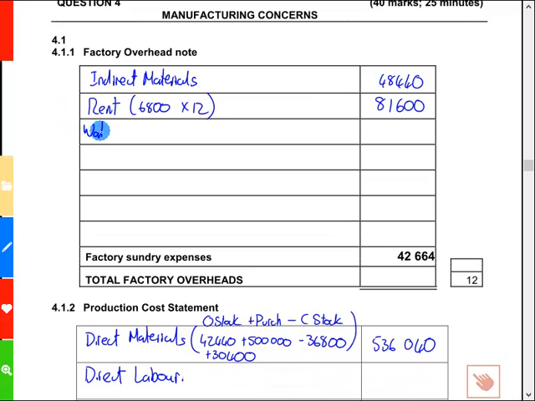Overheads, so water and electricity. And be sure to show your calculation. It's going to be the 9,600. How much of that related to the factory? 80%. The remainder related to the admin department. So that would be forming part of the income statement if we were asked to do the income statement. 9,600 times 80%, 72,480.